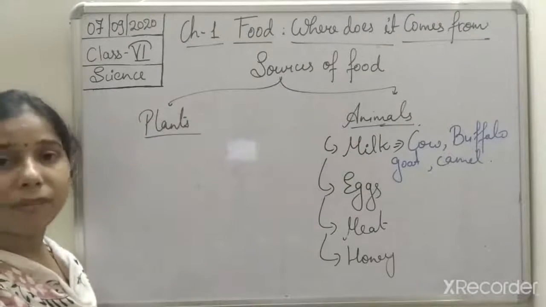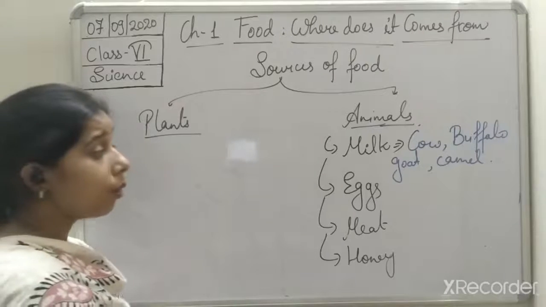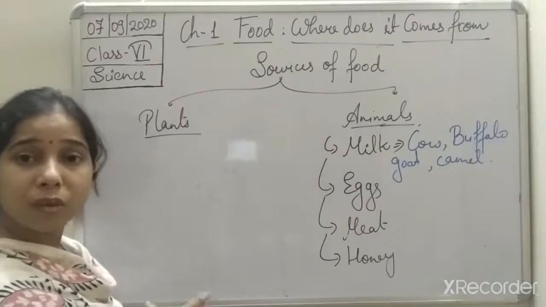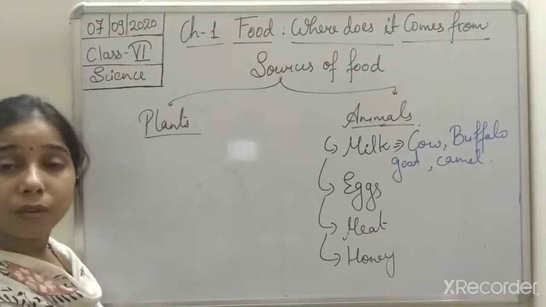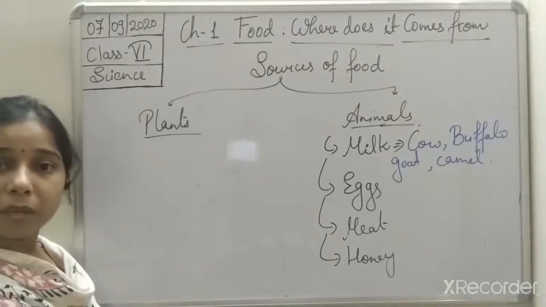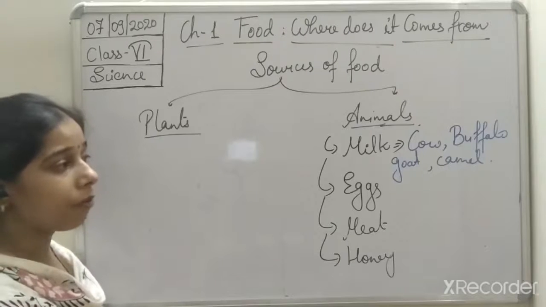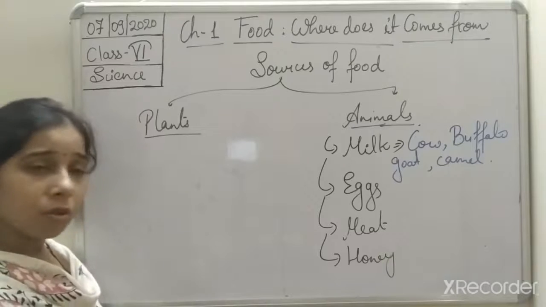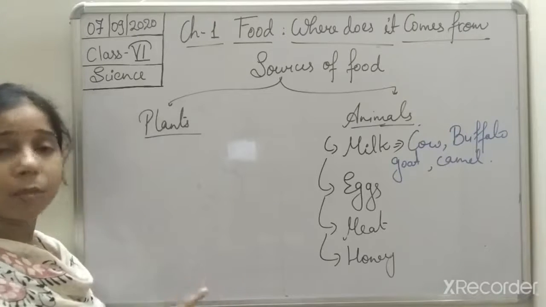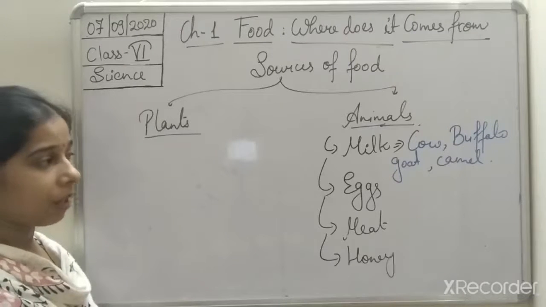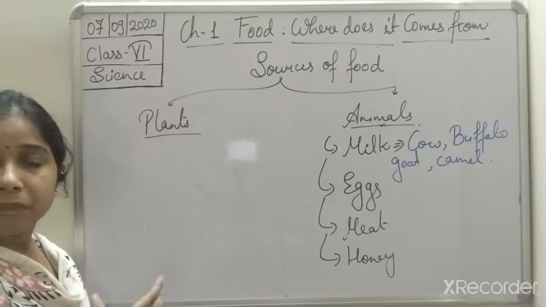We cannot obtain milk from plants; it is animals only which provide us milk, and you know that milk is rich in calcium and consists of all the basic nutrients which are important for us. So milk is very important for us. We obtain milk from the goat, cow, buffalo, camel and sheep. These are basically the animals which give milk to us.